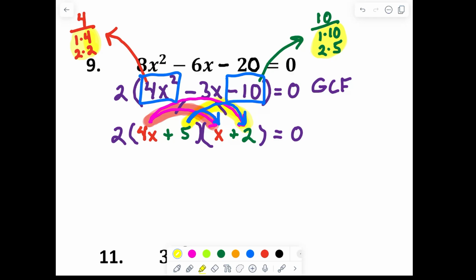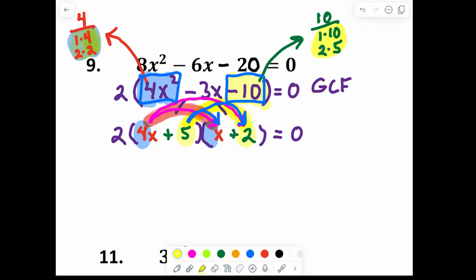There's nothing else. When I multiply the first, I get to the x squareds. The O and the I of FOIL give me both an x term. So these factors over here of 10, I can only use one of those pairs for my second numbers in my binomial factors, okay?